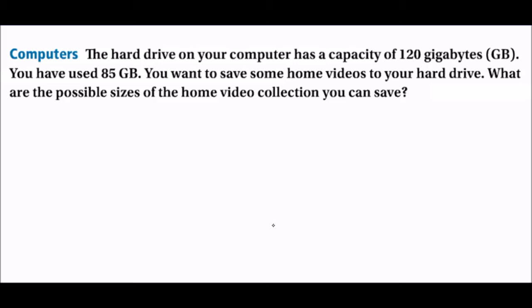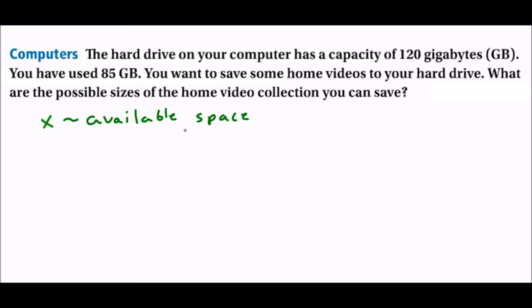So ultimately we're trying to find the possible sizes of our home video. So what we're going to do, let's define x as, we'll say, available space. So this will be the available space on our hard drive that we're trying to calculate.